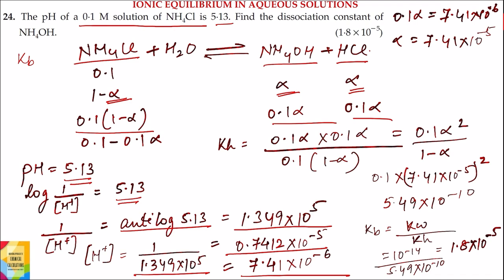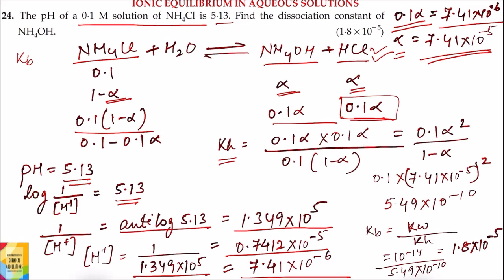So, what is the H plus ion concentration after hydrolysis? H plus ion concentration will be the same as the concentration of HCl, and the concentration of HCl is 0.1 alpha. So, 0.1 alpha is equal to 7.41 into 10 to the power minus 6, so alpha is equal to 7.41 into 10 to the power minus 6 divided by 0.1, which is 7.41 into 10 to the power minus 5.